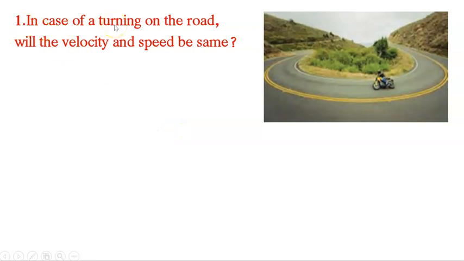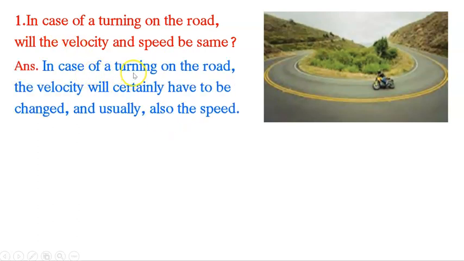In this case of a turning on the road, will the velocity and the speed be same? Okay. In case of a turning on the road, the velocity will certainly have to be changed and usually also the speed. टर्न घेताना स्पीड कसं होतं? कमी होत असतं. Therefore the velocity and the speed will be changed.